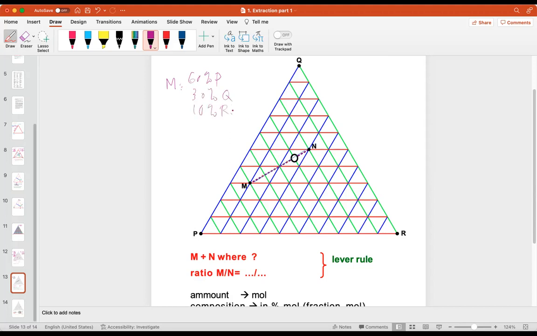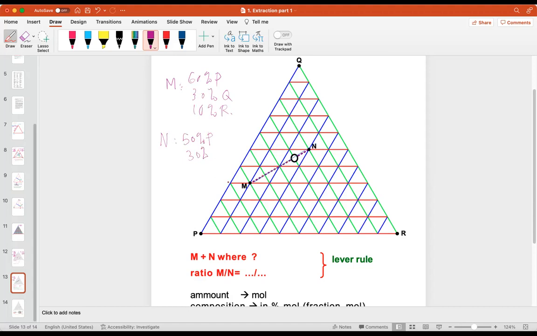Okay, and I have another solution that has the composition of N. So it's about 1, 2, 3, 4, 5. So 50% of P, and then R is 30% of.